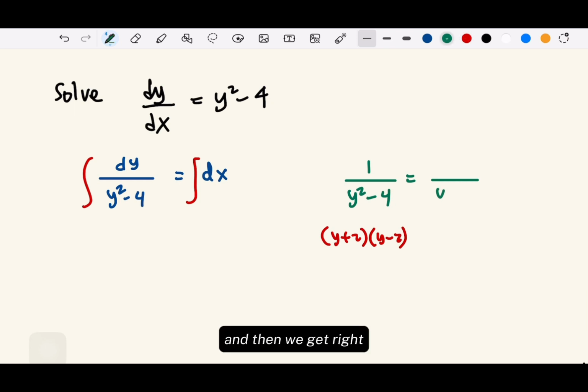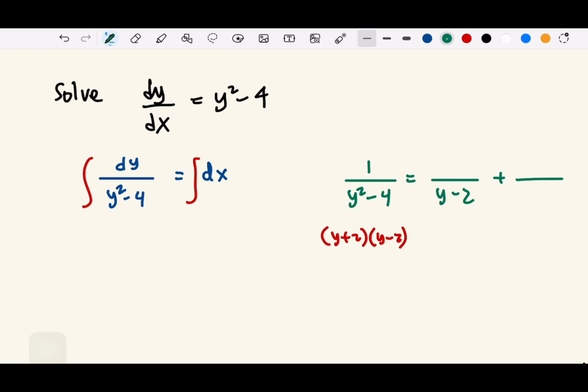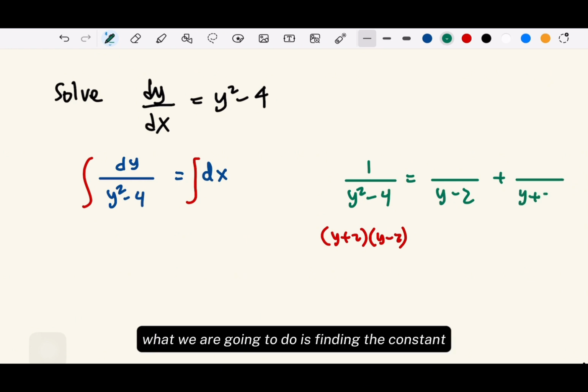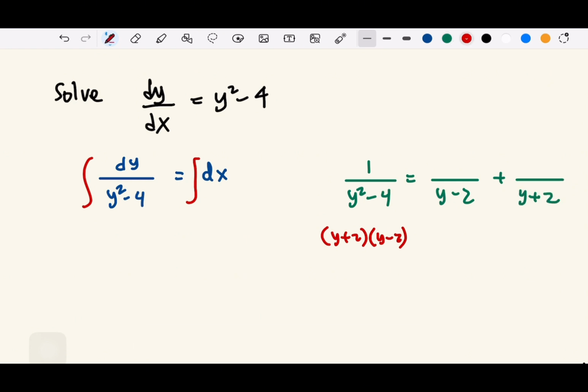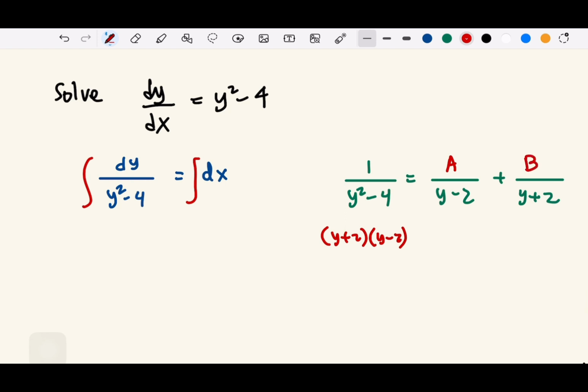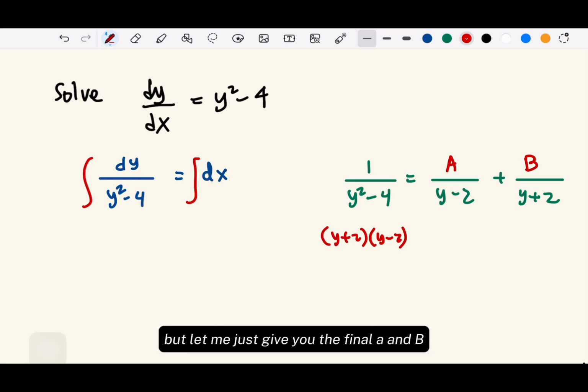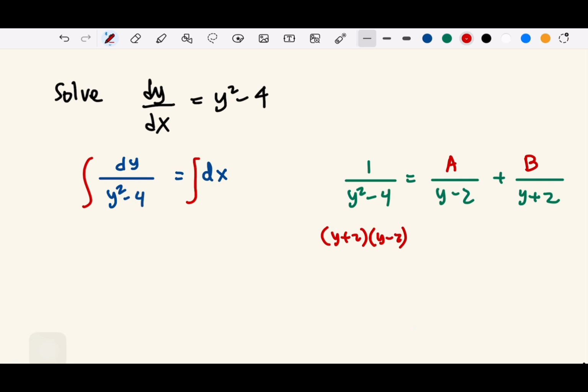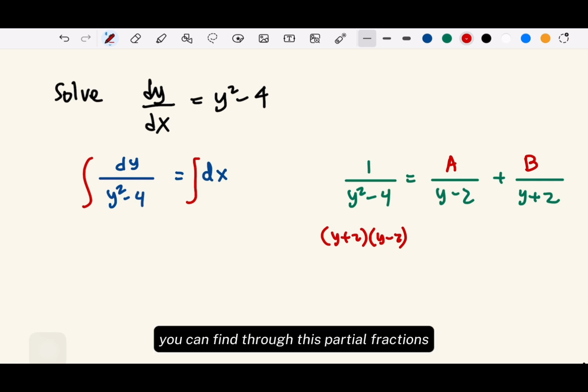And then we can write. Basically what we are going to do is find the constants A and B for these two fractions, right? It helps to remember how to do it. You can try on your own, but let me just give you the final A and B. You could find it through partial fractions.